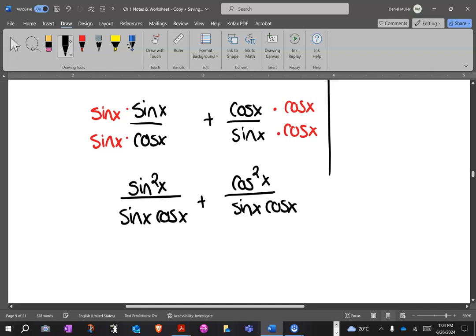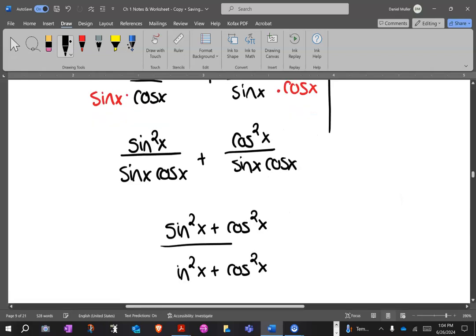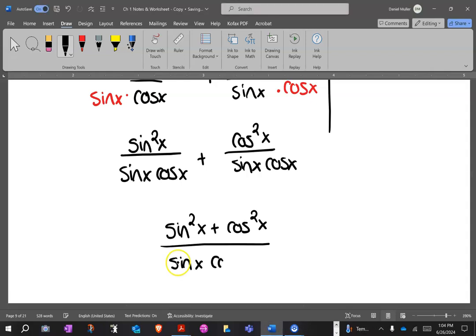That's kind of the whole point. We get a common denominator and we can push everything together. So on top, I've got a sine squared plus cos squared. And I'm hoping that you can see that because they're squareds and there's plus signs, that is one of those obvious substitutions. So over sine x cos x.